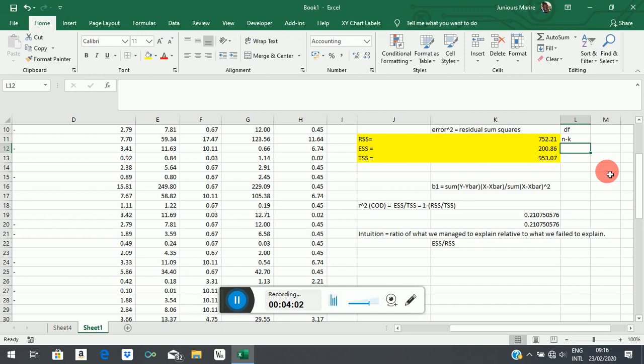And your ESS here, you can think about its degrees of freedom in two ways. Either you can say the number of explanatory variables we have. For example, in this regression we only have one explanatory variable, so we would put it there. But you can think about it as well in terms of the number of coefficients we have estimated.